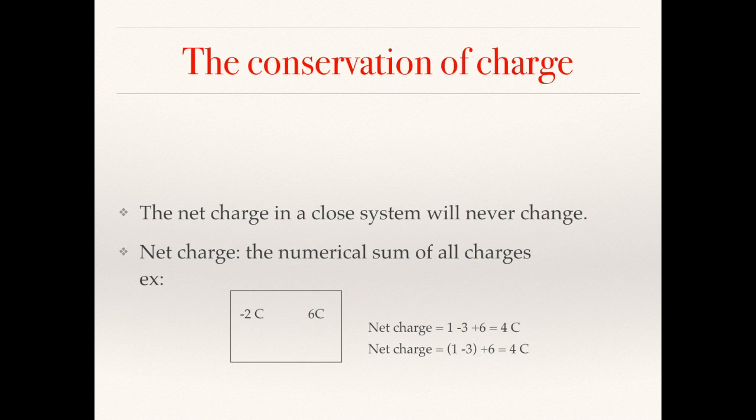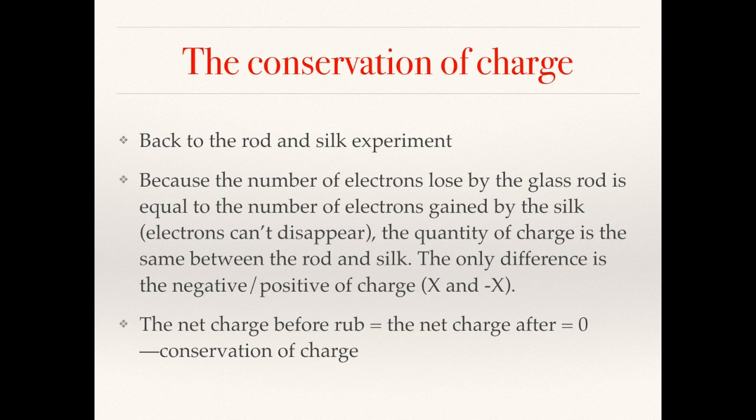So now let's go back to the rod and silk experiment. Because the number of electrons lost by the glass rod is equal to the number of electrons gained by the silk, and electrons cannot disappear, the quantity of charge is the same between the rod and the silk. So the only difference will be the negative and positive sign of the charge.